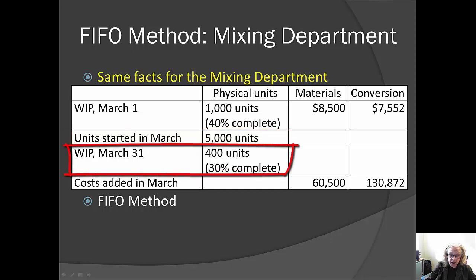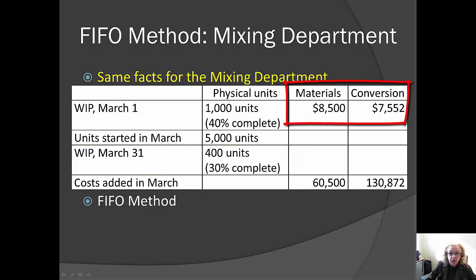At the end of the period, there were 400 units in work in process ending balance, and they were 30% complete for conversion costs, but obviously 100% complete for materials. We are also given the costs for the materials and the conversion that are incorporated in the work in process beginning balance, and also the costs that are added during the period.